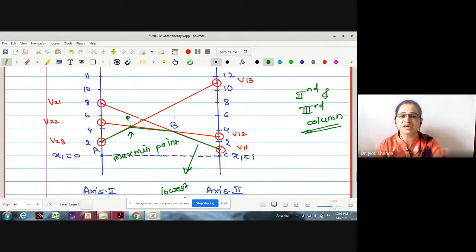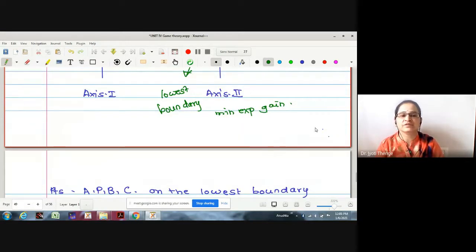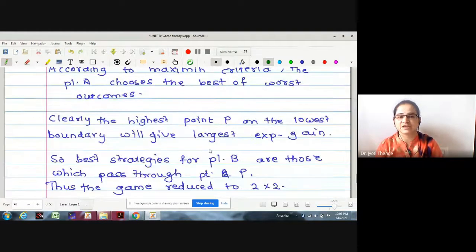Now this P we can easily observe is an intersection of the second and third column, right? You may check it right here. This is the intersection of the line joined by 1 3 with 2 3 and 1 2 with 2 2. Therefore, this is the intersection of the second and third column. Here I have written some explanation.